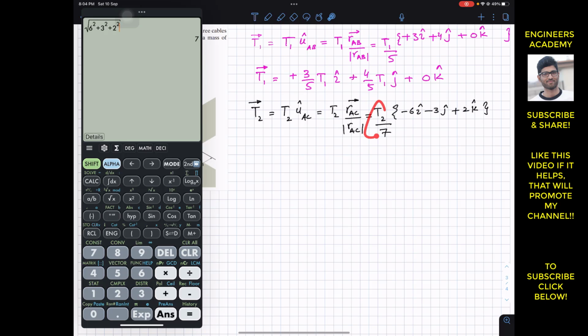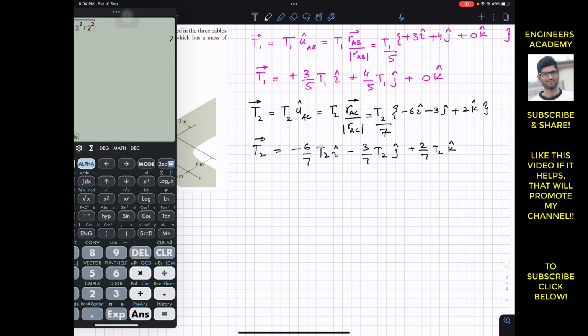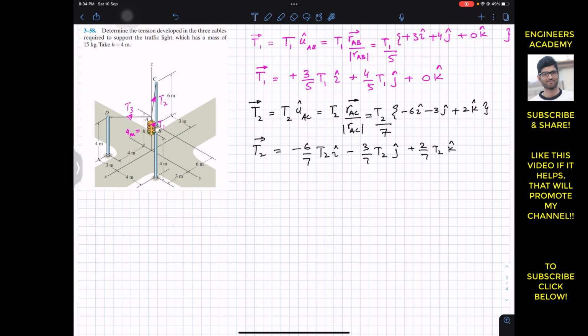Now let's multiply this fraction with each component magnitude. So that will be T2 Cartesian vector. This is minus 6 divided by 7 T2 i minus 3 divided by 7 T2 j plus 2 divided by 7 T2 k. So this is the Cartesian vector representation of T2, which is acting from A to C.